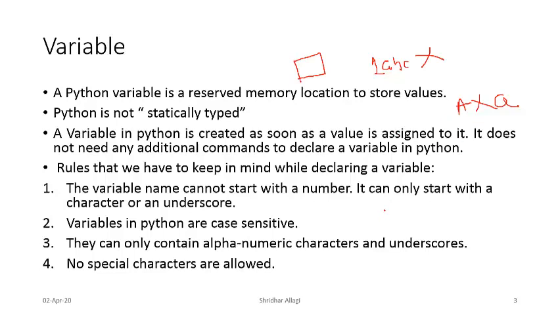That is, you cannot use symbols such as less than, greater than, not equals to in the variable naming, and no special characters are allowed, such as brackets and all. So for example, ab is a valid variable. a<b is not a variable name because the less than symbol is not allowed while naming the variable.